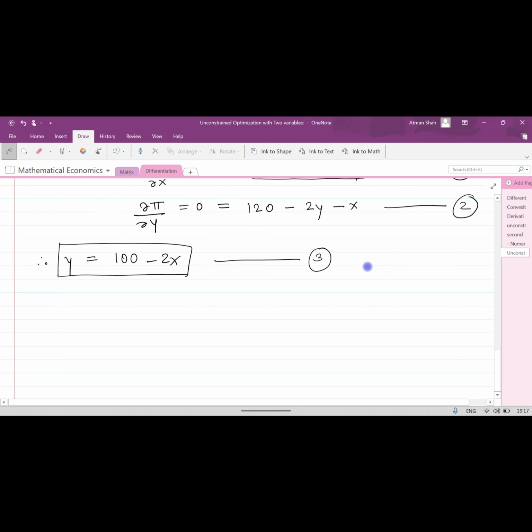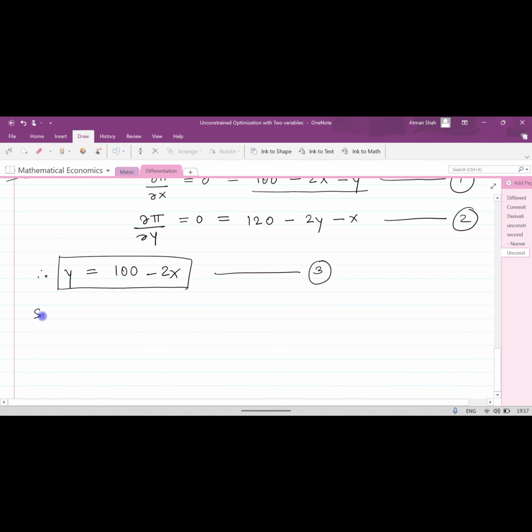Now we substitute 3 into 2. Substituting equation 3 into 2, therefore 120 minus 2y minus x is equal to 0.